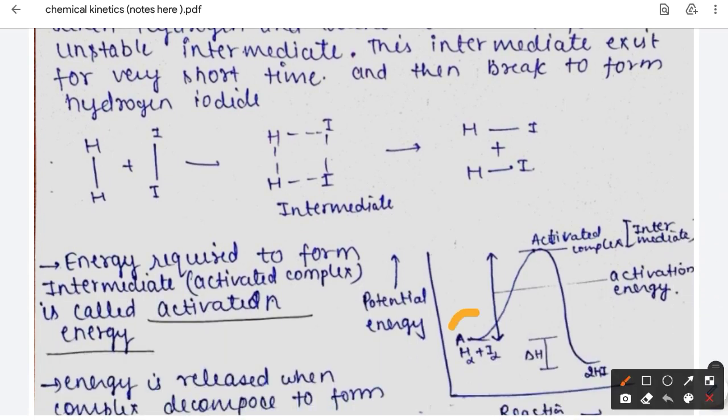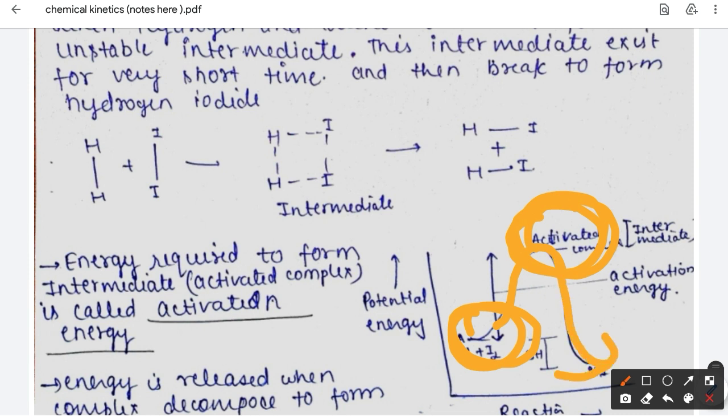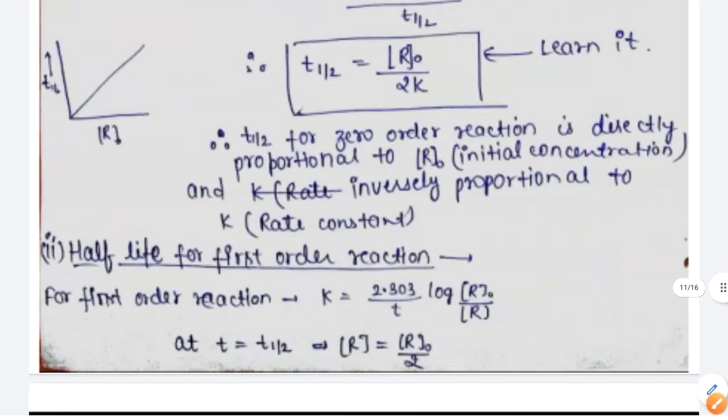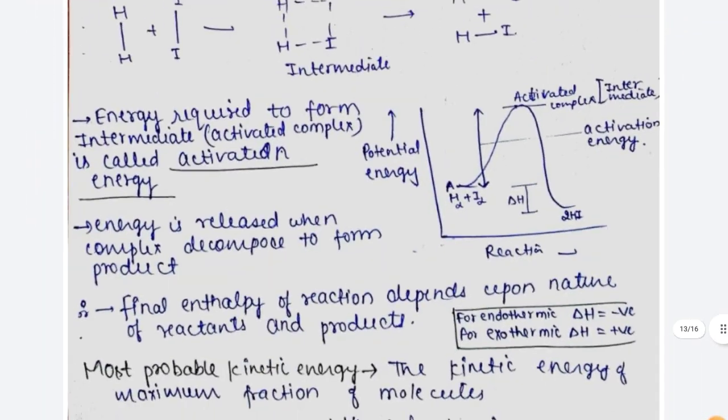For a reaction to occur, first the reactant will form an intermediate and they have to reach a minimum activation energy and then it is converted into product. First reactants form an intermediate and then they are converted to product.